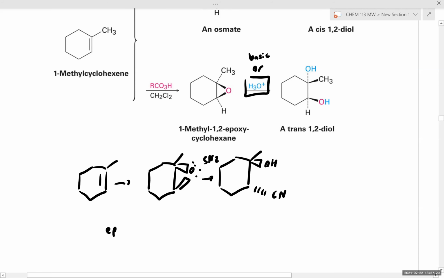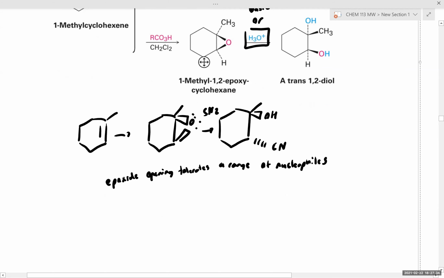So epoxide opening tolerates a range of nucleophiles. You can essentially use almost any nucleophile you want for epoxide opening under basic conditions, whereas for acidic conditions, you generally have to use an alcohol-derived nucleophile.